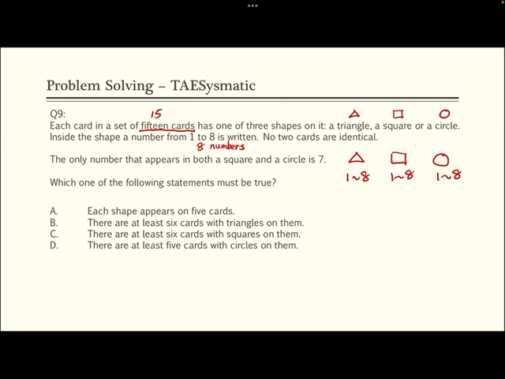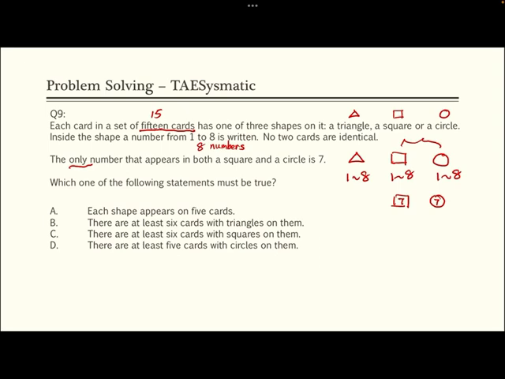The only number that appears in both square and circle is number 7. This is very important information, because it's the only important information mentioned here.